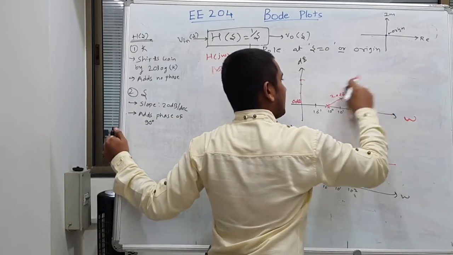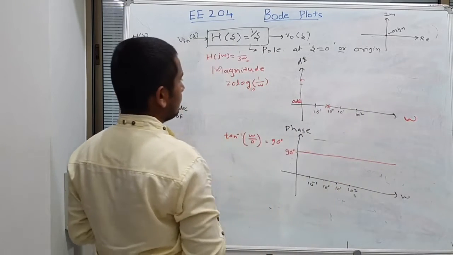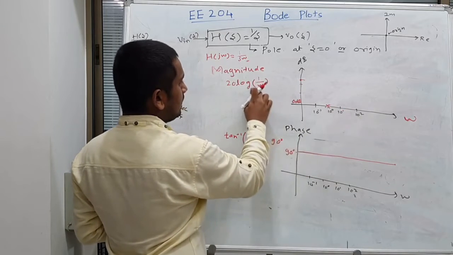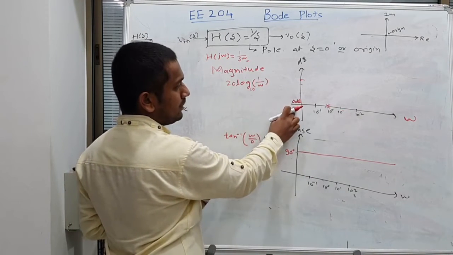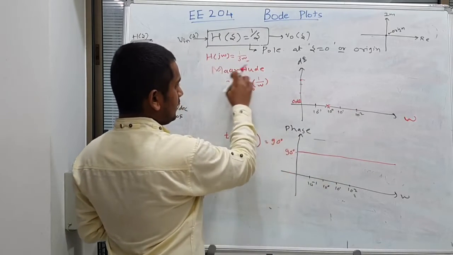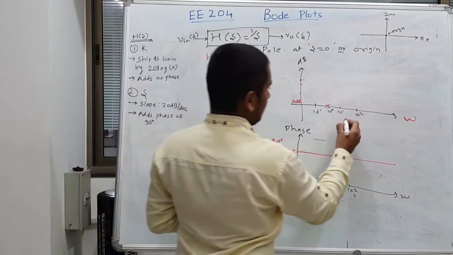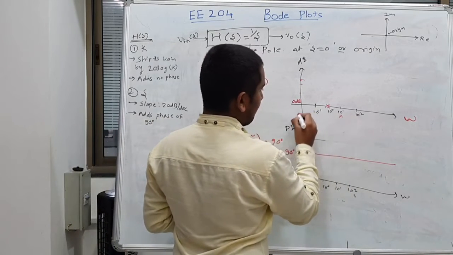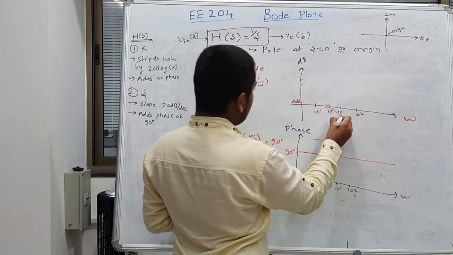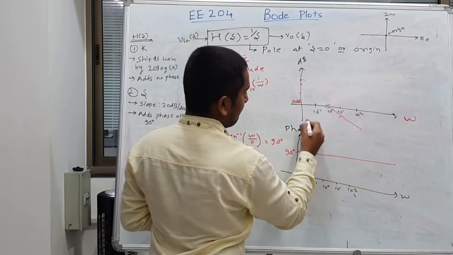Now look at what happens to the magnitude plot. When we substitute 10 to the power 0, it is 1. 20 log of 1 is 0 dB. When we substitute 10 to the power 1, it will give 10 to the power minus 1. Minus 1 comes outside and it gives minus 20 dB. And when it is 10 to the power 2, it will convert to minus 40 dB.